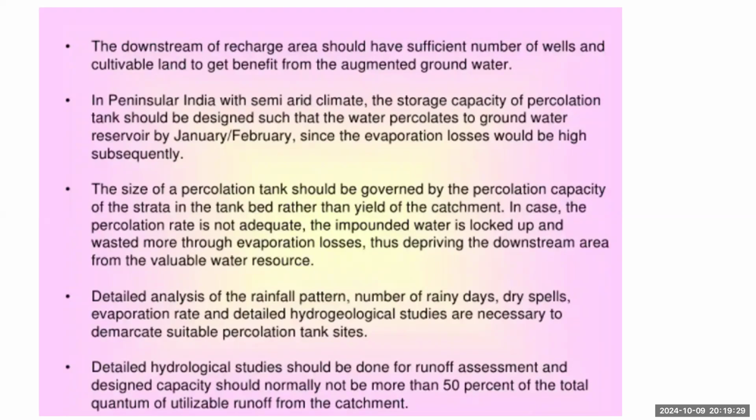With respect to the command area, this percolation tank should be at somewhat higher elevation so that the water will flow through the aquifer towards the command area. The command area is on the downstream side of the earthen embankment. So this is the general idea of the percolation tank.